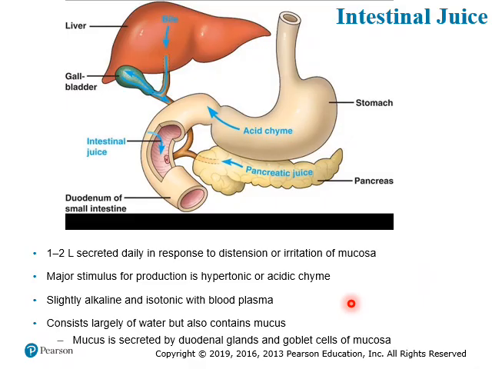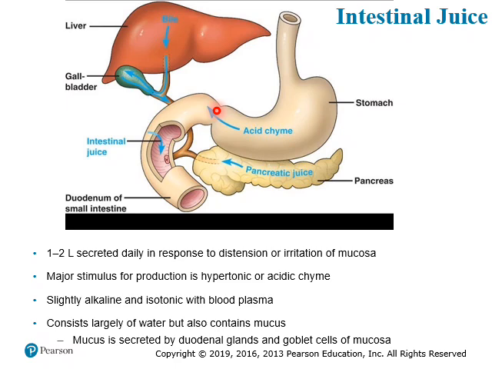So pretty much when the first drop of acidic chyme lands in the duodenum, immediately the enteroendocrine cells of the duodenum release the hormones that stimulate the production of the pancreatic juice.